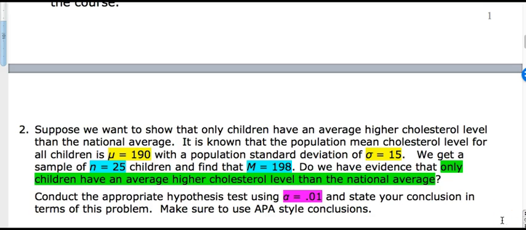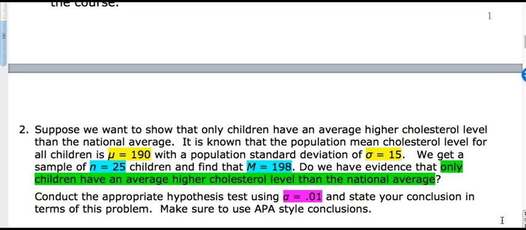All right, so now let's take a look at number 2. Suppose we want to show that only children have an average higher cholesterol level than the national average. It is known that the population mean cholesterol level for all children is mu equal to 190, with a population standard deviation of sigma equal to 15.